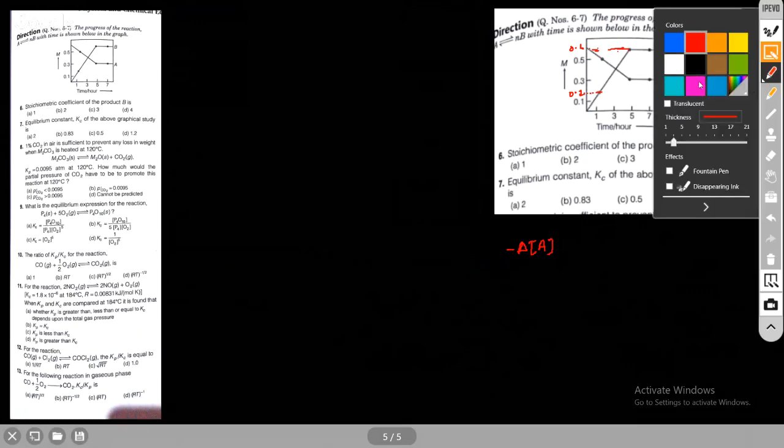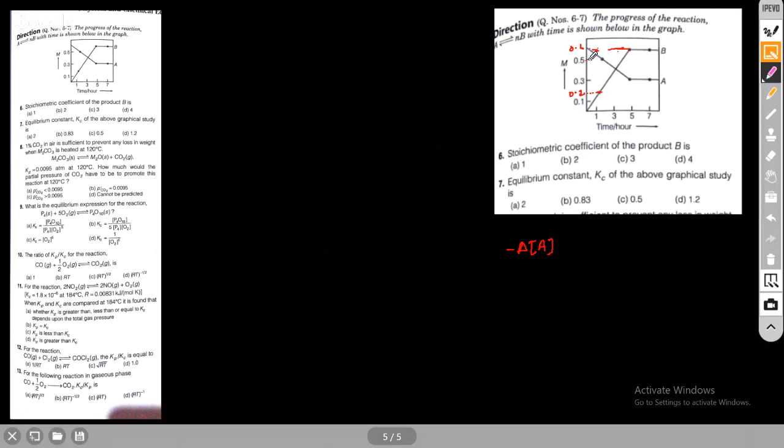Sixth one. In this question, according to the graph, A gives nB. So the change in concentration of A, minus del A, will be equal to what? You see here, from 0.5 to 0.3. This is for A, right? So the change in concentration will be minus of 0.3 minus 0.5, which is equal to 0.2.